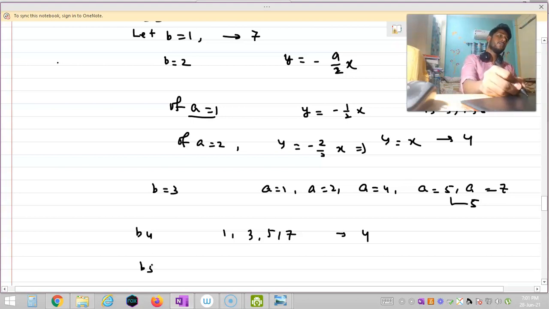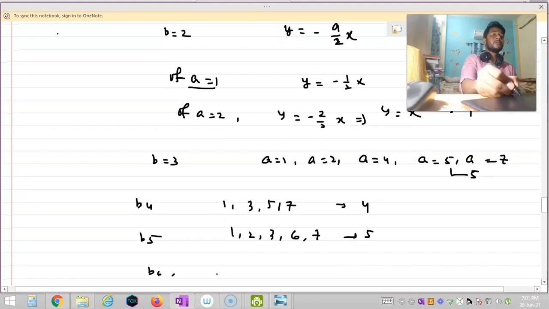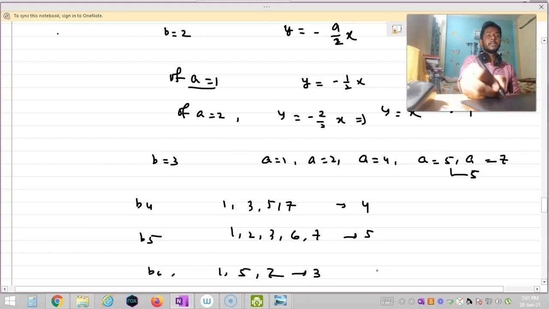If b equal to 5, then 1, 2, 3, 4, 6, 7, there are 5 possibilities again. If b equal to 6, then 1 and 5, 2 possibilities. And if b equal to 7, then 1, 2, 3, 4, 5, 6, so there are 6 possibilities.